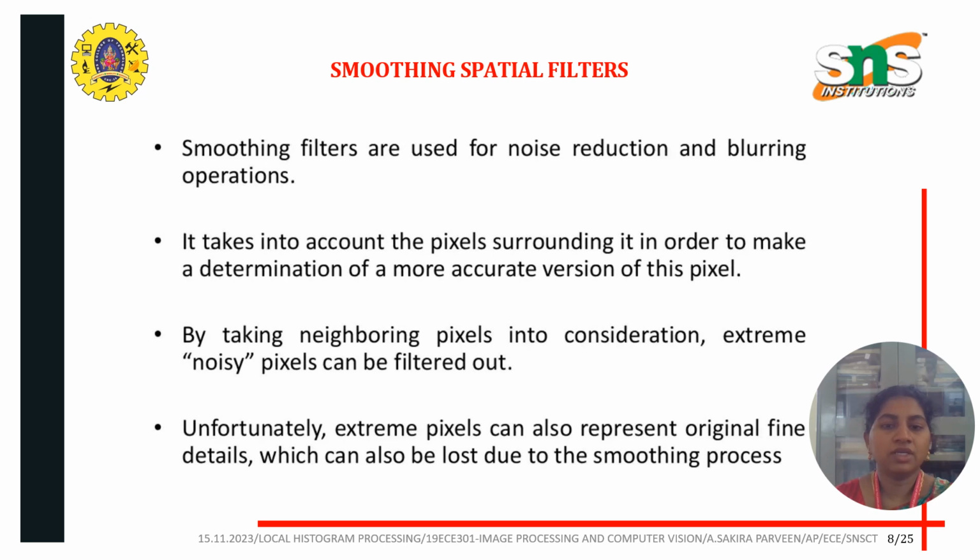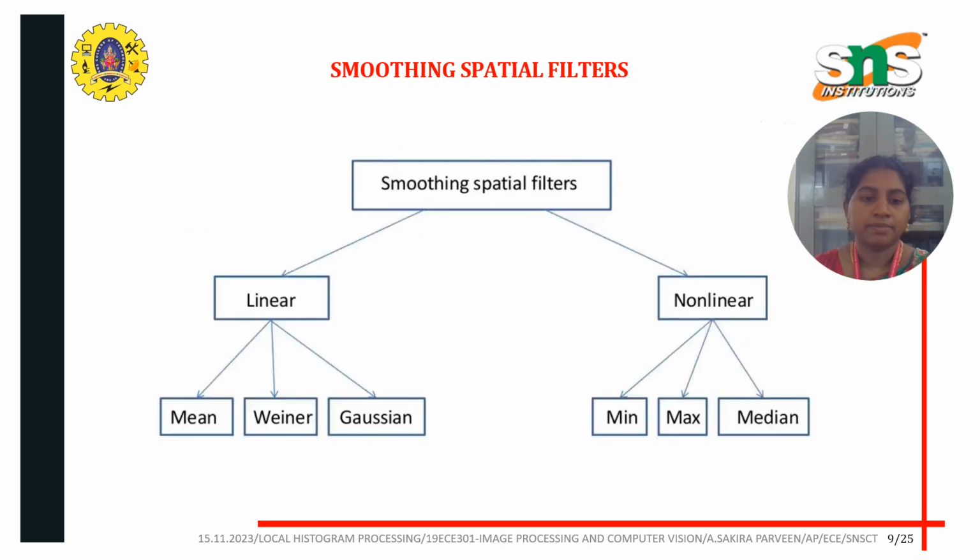Smoothing spatial filters are used for noise reduction and blurring operations. It takes into account the pixels surrounding it in order to make a determination of a more accurate version of this pixel. Smoothing spatial filters consist of two types: linear and non-linear spatial filters.